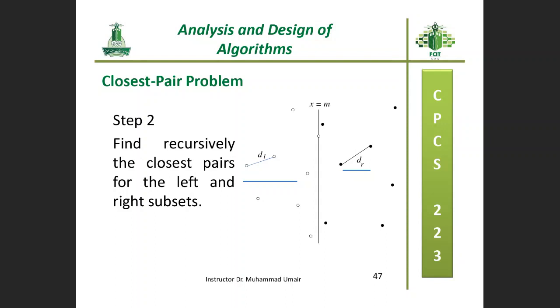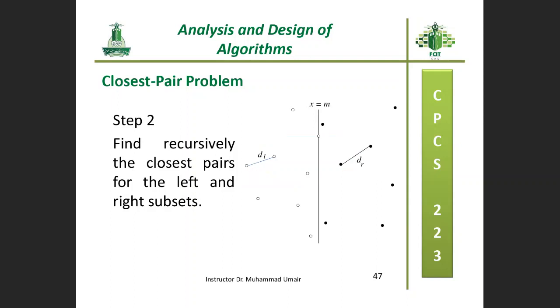So when you have calculated the smallest distance on the left side and the smallest on the right side, which points will be the closest? You have to compare these two distances with each other. Whichever distance is smaller will be considered the closest. You understand this process?